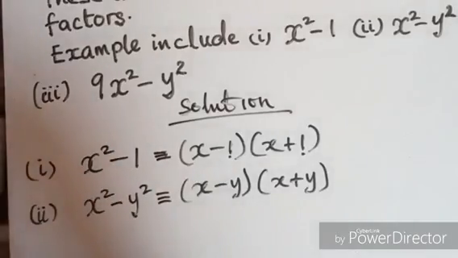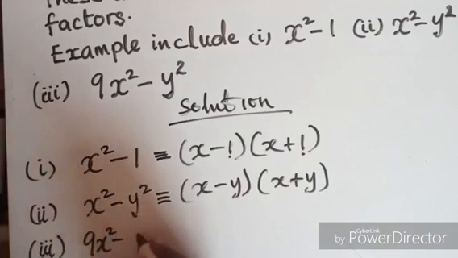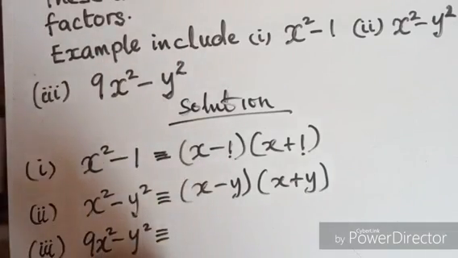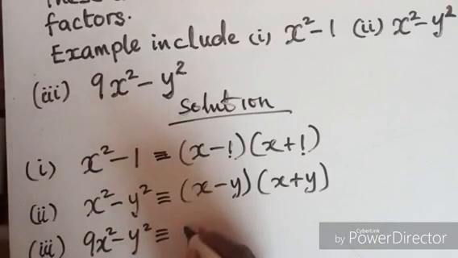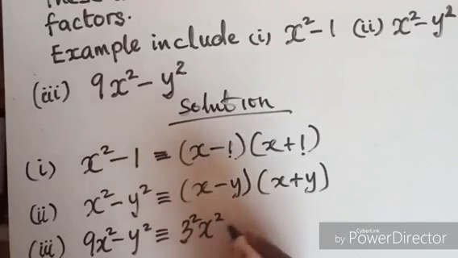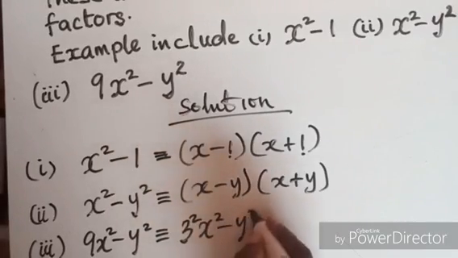And the last, not the least, we got 9x squared minus y squared. Now look at 9. 9 is a number to a power. So this one can be given as 3 squared x squared minus y squared.